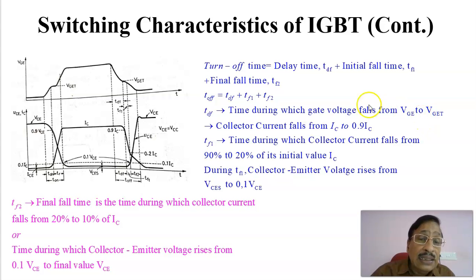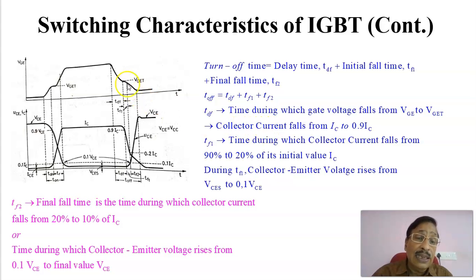Here the gate to emitter voltage takes certain time to change from VGE, which it had in the on state, and to reduce until the VGE threshold voltage. This time is called TDF.